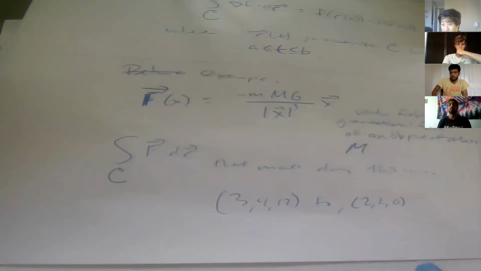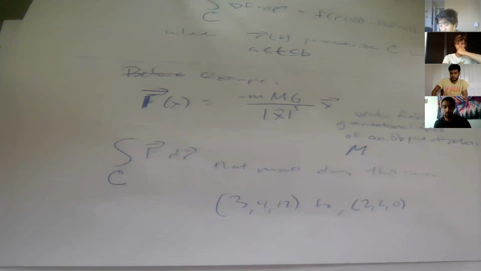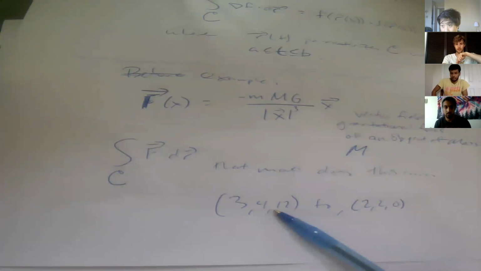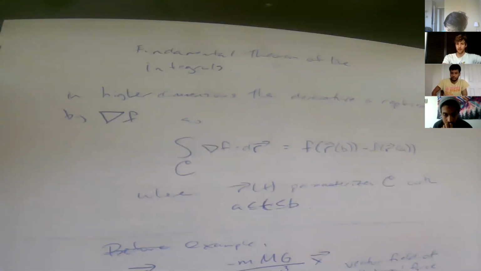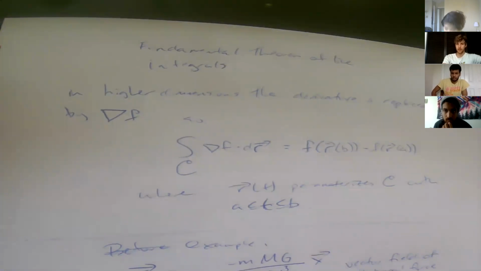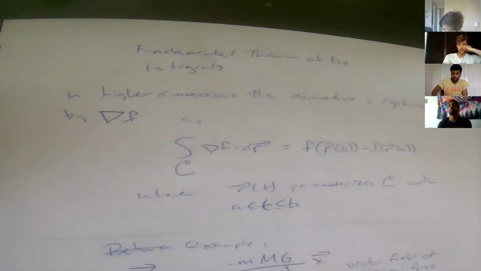Which one is which? First one is A and the second one is B. No, this is a point. A is a time in this equation, right? So this right here is R of A, and this right here is R of B.